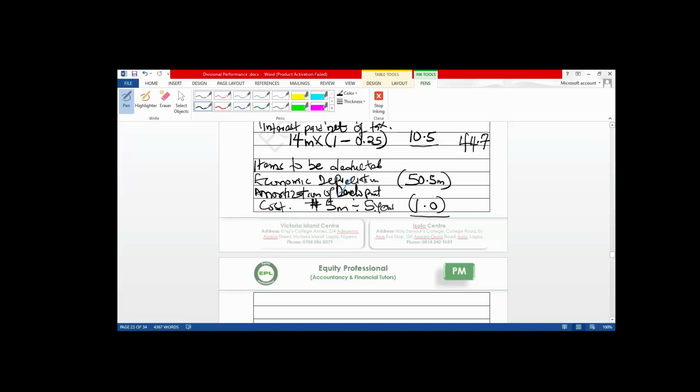When you add back a cost, you add it back to your profits. That means you have not removed the cost. You now want to amortize. You now spread this for 5 years. That means in year 2020, only 1 million will be deducted. 2021, 1 million will be deducted. Is that better, please?